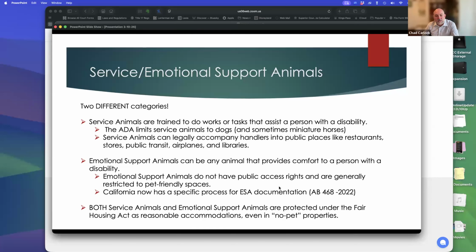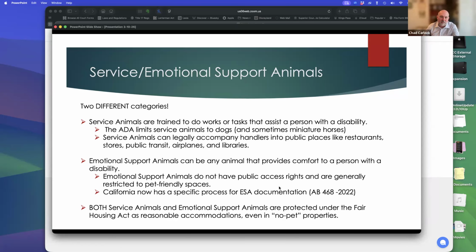And as I said, service animals are able to accompany their person everywhere because usually it's a task that the person needs ongoing guidance, support, or assistance with. So that can be a seeing eye dog or a dog that triggers when someone is about to have an epileptic seizure.